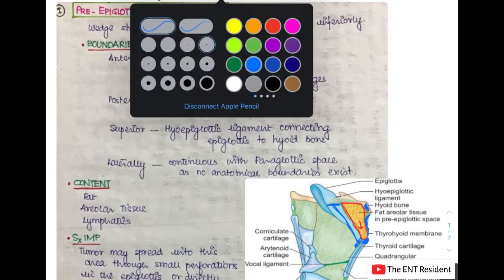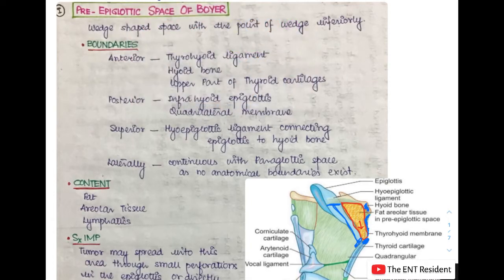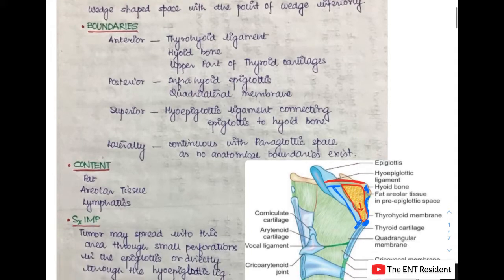And superiorly, you will see that the hyoepiglottic ligament connecting the epiglottis to the hyoid bone is forming the superior boundary. And laterally, this space is continuous with the paraglottic space, as there are no anatomical boundaries in this region. So these are the boundaries of the pre-epiglottic space.